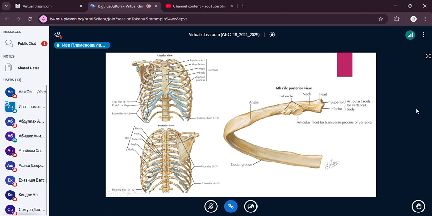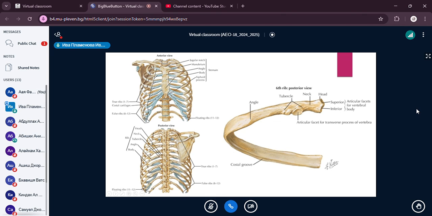Actually, the seventh rib is attached at the same time to the body and to the xiphoid process. That's the cartilage part of the rib. The false ribs are from 8 to 10. And the floating ribs are 11 and 12.